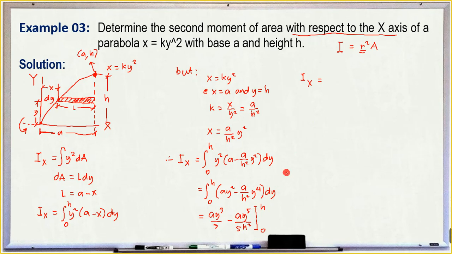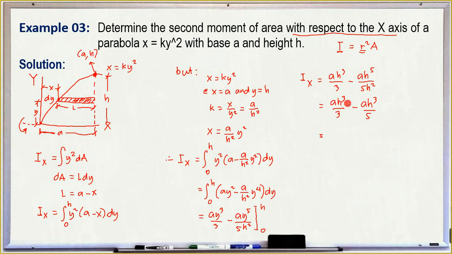So letting y equals h, by the rules of integration, we obtain a h cube all over 3 minus a h to the fifth all over 5 h square. So simplifying, a h cube all over 3 minus a, then by the rules of exponents for division, h cube all over 5.